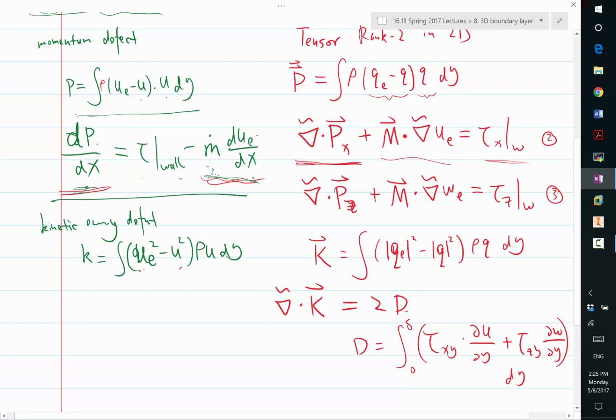Right, so in the 2D case, we only have this term. In the 3D case, we basically have the dissipation contributed by both the u velocity and w velocity.